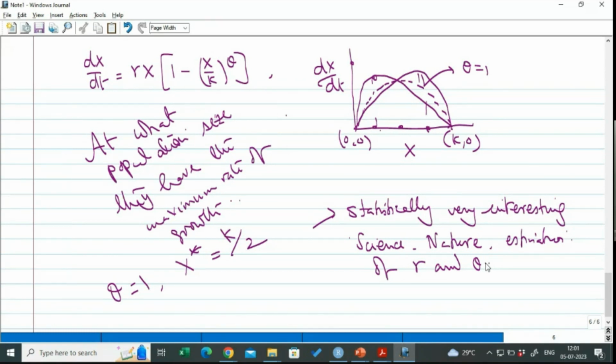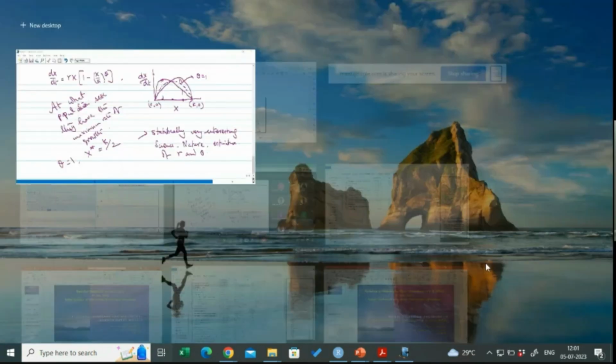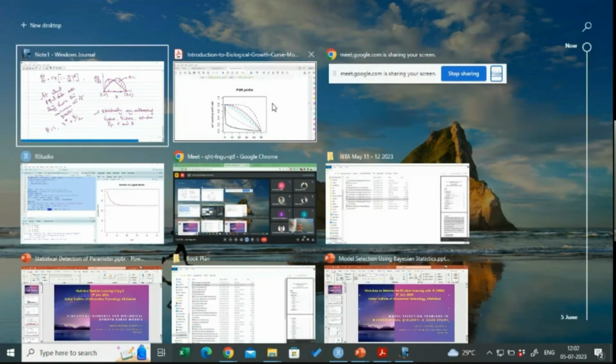So these estimates are very important, and there are several, not only one or two. Statisticians have made a lot of efforts in getting accurate estimation and interpretation of the parameter theta. As you see, the articles are appearing in Science, Nature, and several top journals. So this is really a very vibrant research area, which will challenge you on both sides.